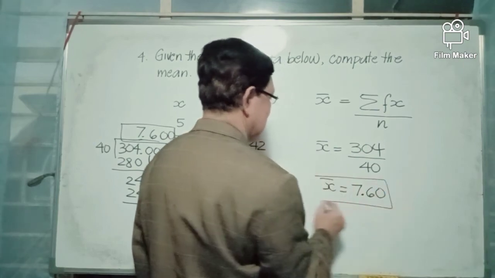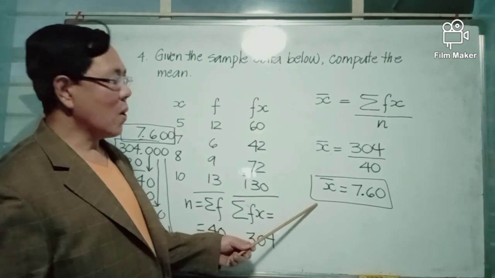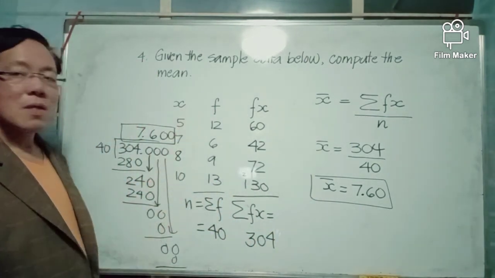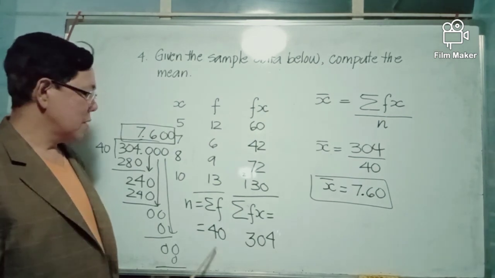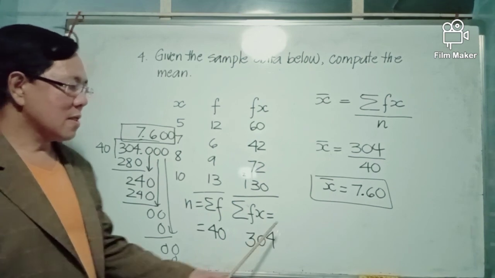This is the mean or the average or arithmetic mean of this sample data that consists of 40 values. 7.60.